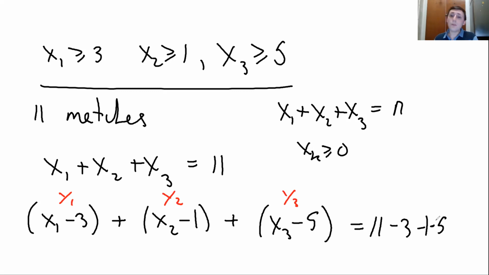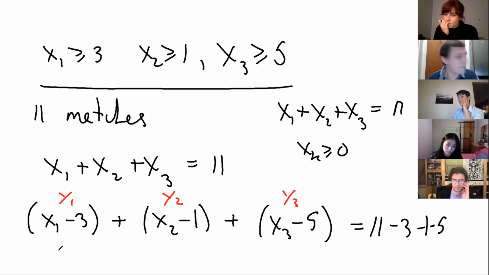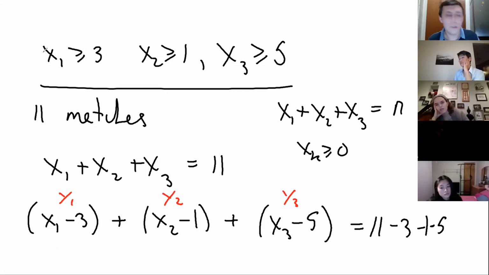Which is 4. Yes. So we reduce the situation to another equation in which y1 plus y2 plus y3 equals 4, but where each y is bigger than or equal to 0.